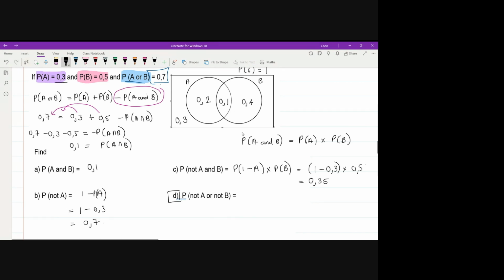So we need to remember the formula for or. The probability of A or B is equal to the probability of A plus the probability of B minus the probability of A and B. Okay, remember that.